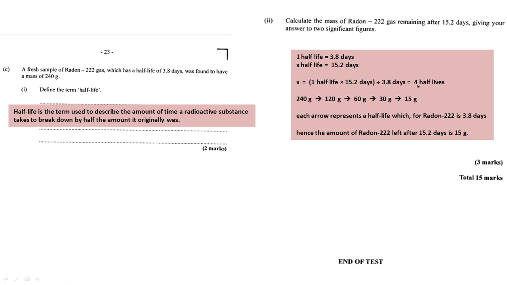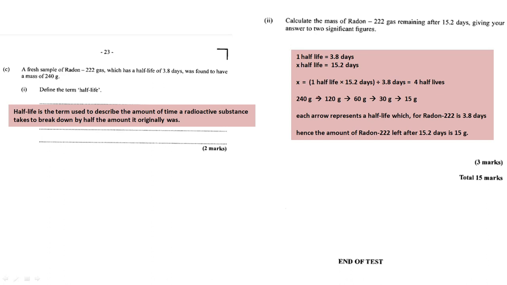We see it breaks down 4 times in 15.2 days. It only takes one time for it to break down in 3.8 days. So now we need to determine how many times it will break down over a span of 15.2 days. We've calculated 4 times. So how could we show this?